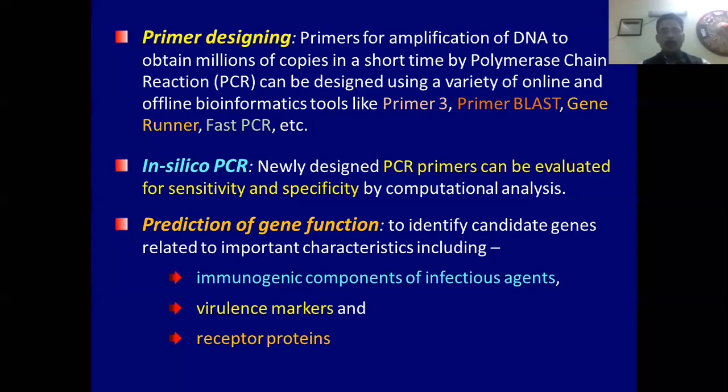You can also go for prediction of genes located within a particular genome sequence. You can predict pretty well which are the gene sequences, the coding sequences and the non-coding sequences, and you can also predict the gene function. You can identify the immunogenic components of an infectious agent, the important antigenic epitopes on the surface of the organism.